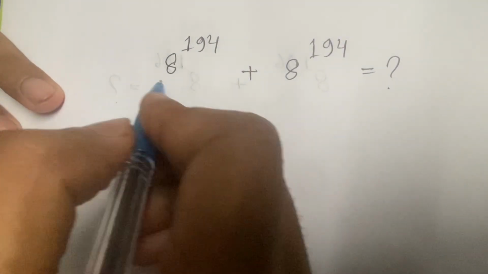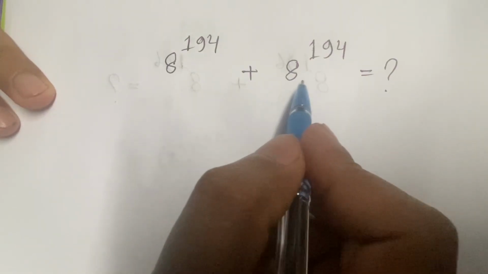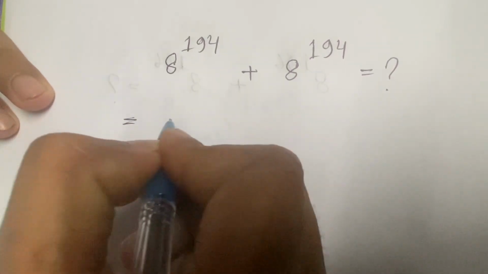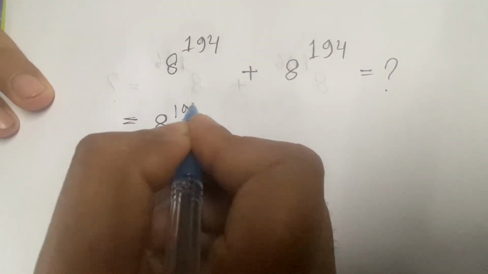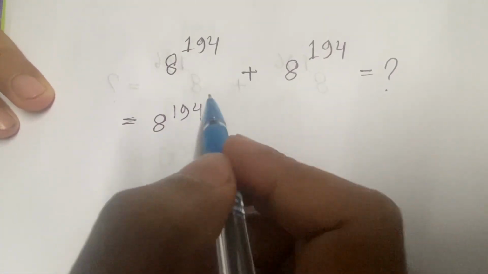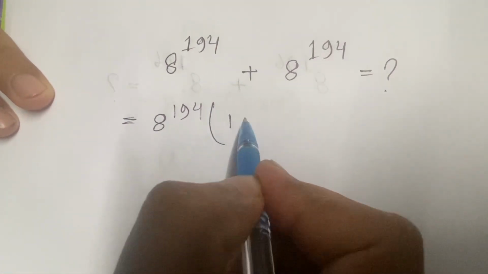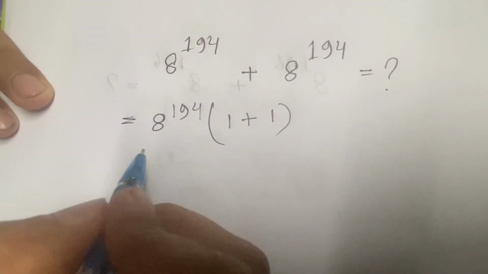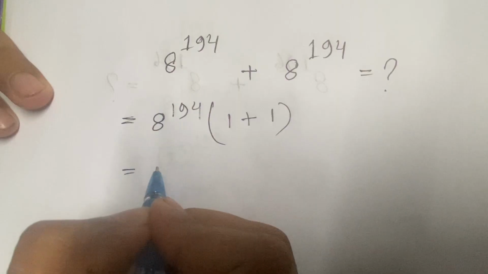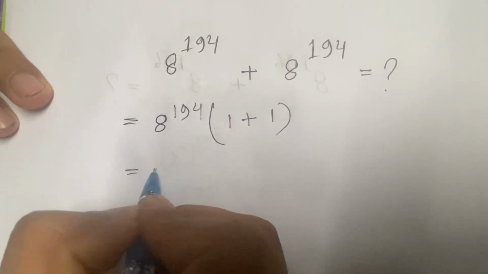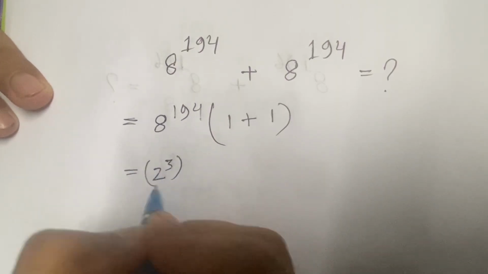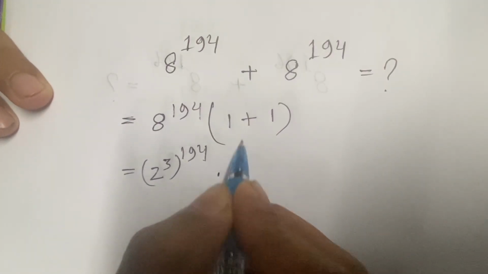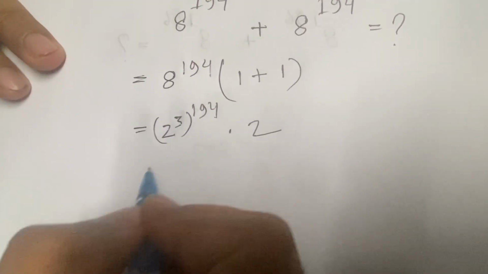Now to solve a to the power 194 plus a to the power 194 is equal to what? At first we take common a to the power 194, first bracket start, this divided by this, that means 1, plus this divided by this, that means 1. A to the power 194 is the same as 2 to the power 3 bracket for 194 times, 1 plus 1, that means 2.